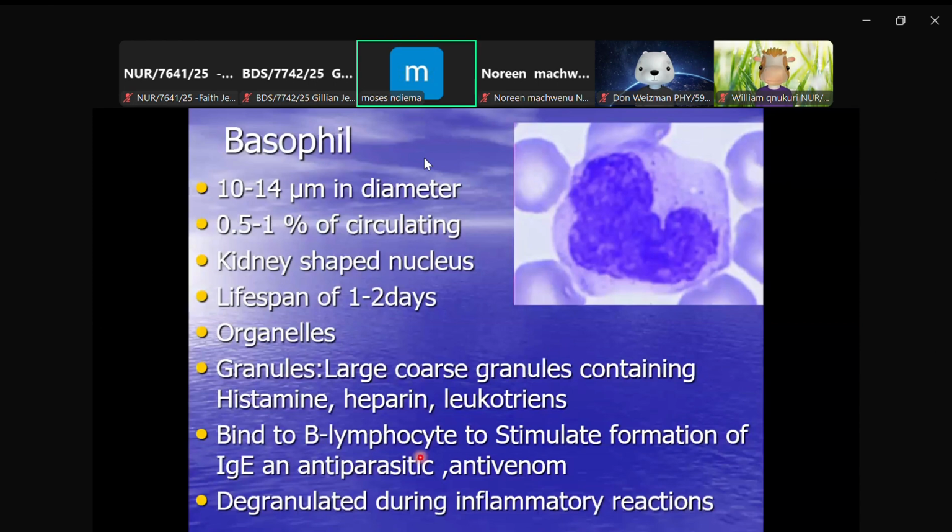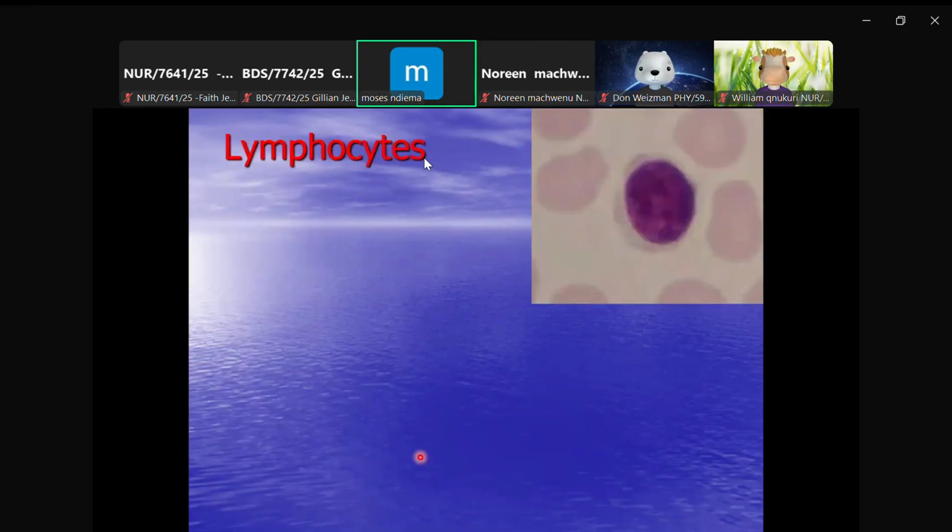The organelles we expect to see depend on the granules. Do we have any granules in them? Yes, they are granulocytes, so we have granules. The granules are usually very large. They contain histamine, heparin, and leukotrienes.